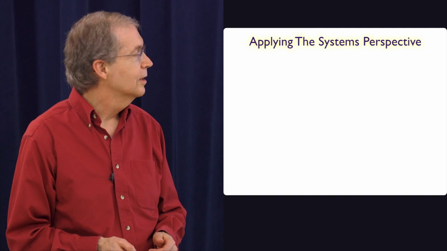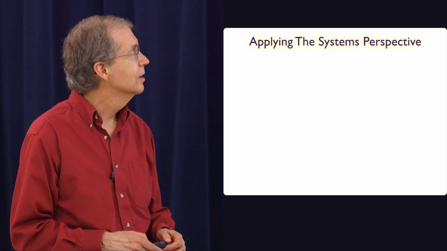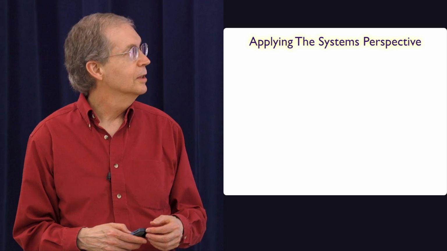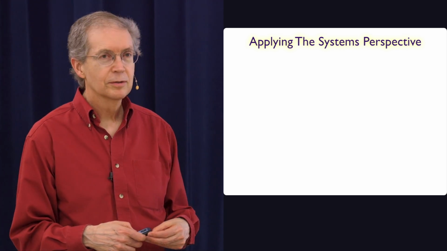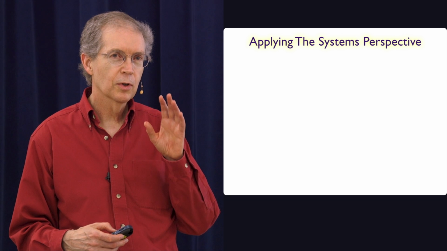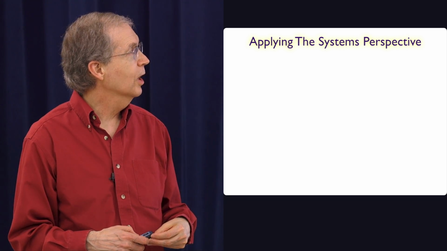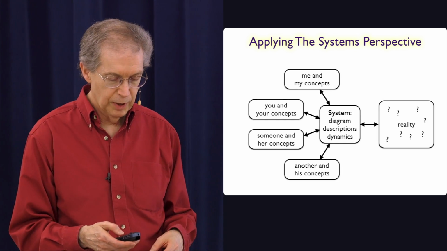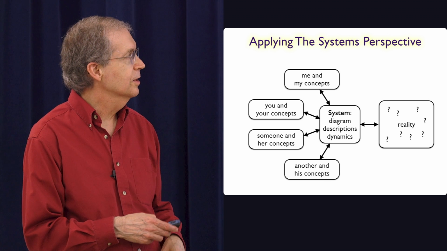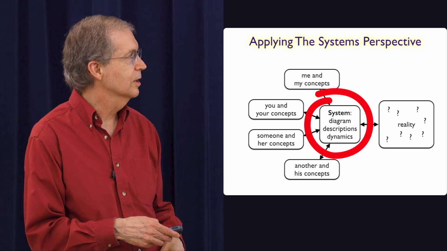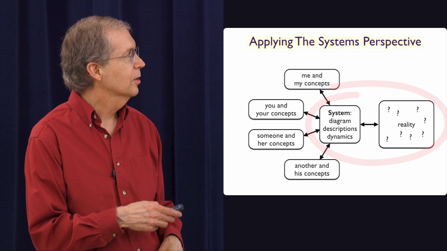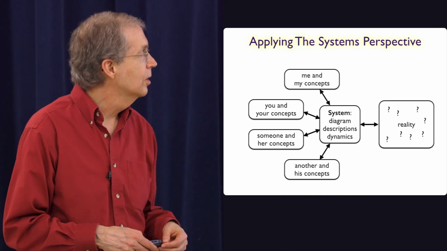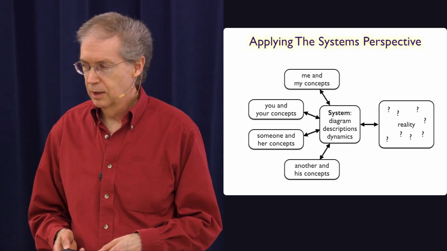So for this last chunk, I want to step back from those examples and look a little more generally, but also more directly, at what's involved in applying a systems perspective. I've put in again this illustration of the system with its diagrams, descriptions, and dynamics, and its connection with reality, but also its connection with people, as a reminder of how the systems perspective can get applied.